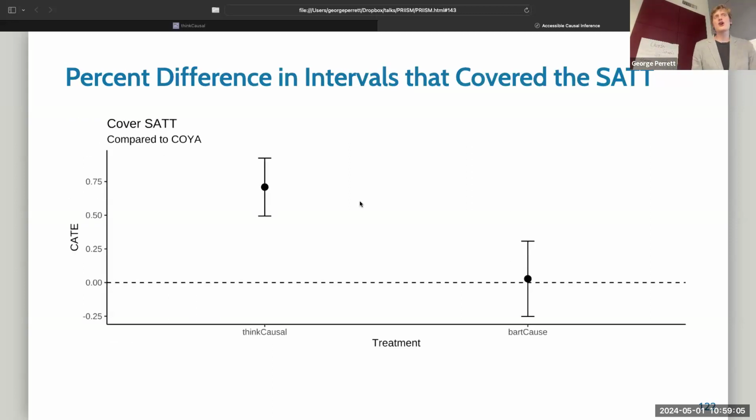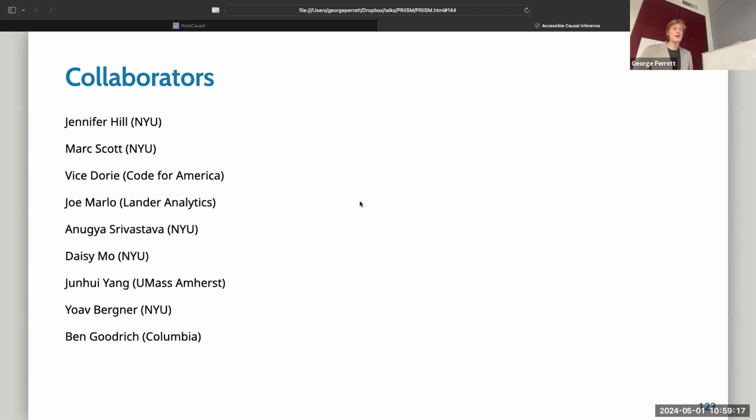And so what these things show is the scaffolded approach makes a really big difference. The method alone isn't enough, and it needs to be put in an accessible framework so that it can be used as intended.